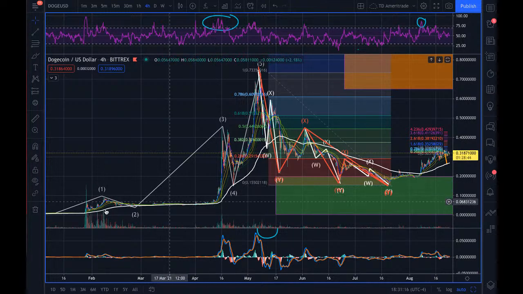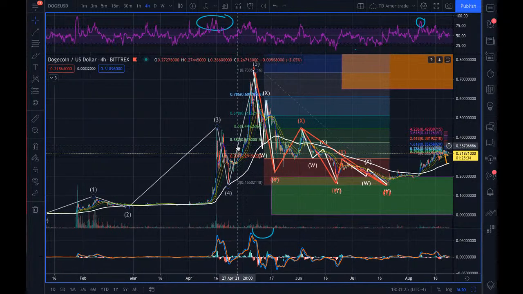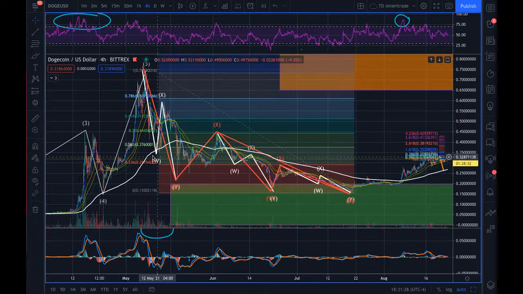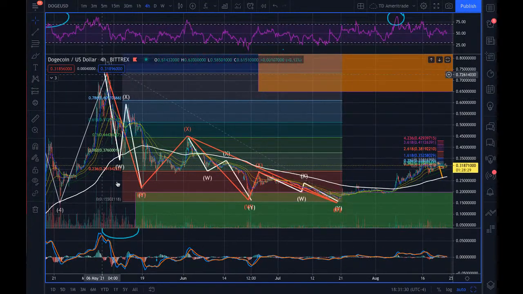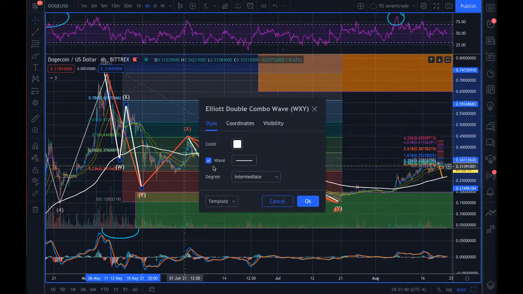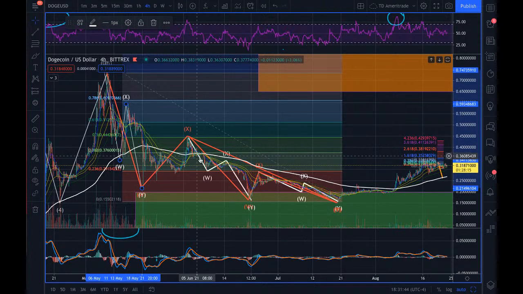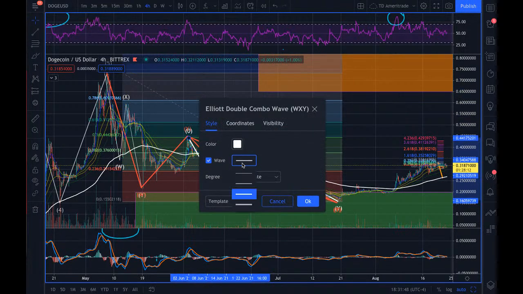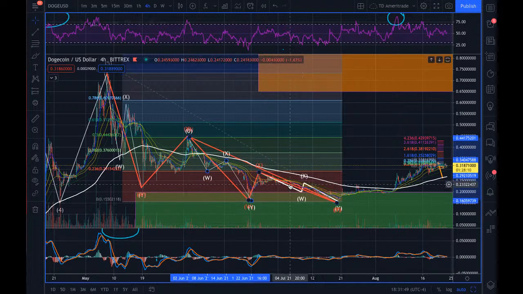All right, so way back here, we had these 1, 2, 3, 4, 5 waves going up, and then 3 waves down right here. Those are the subwaves. The subwaves are in white. Let me change these to be a little bit thinner so that they don't distract too much.